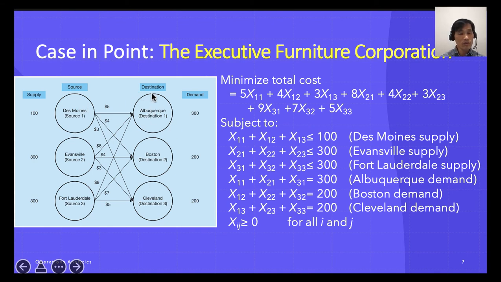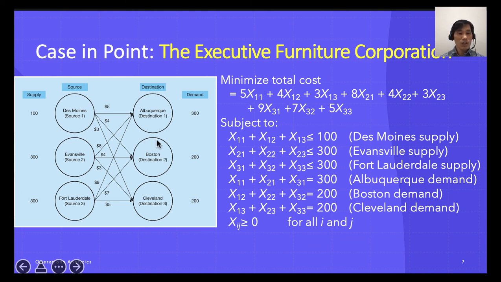The destination is 1, meaning the first city, and the source could be 1, 2, 3. So x11, x21, and x31, meaning this place, that place, and the third place, can bring a shipment to you. That's limited to 300, and it has to be equal to 300.